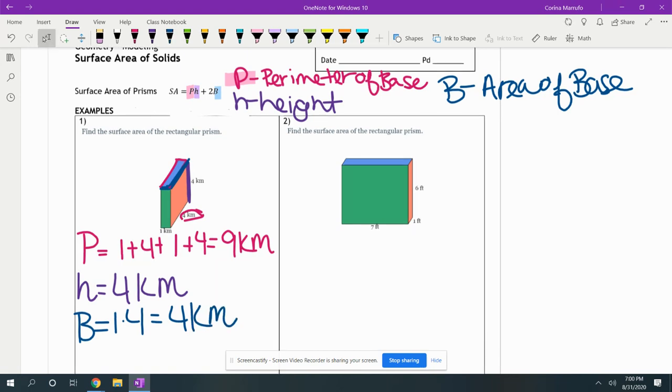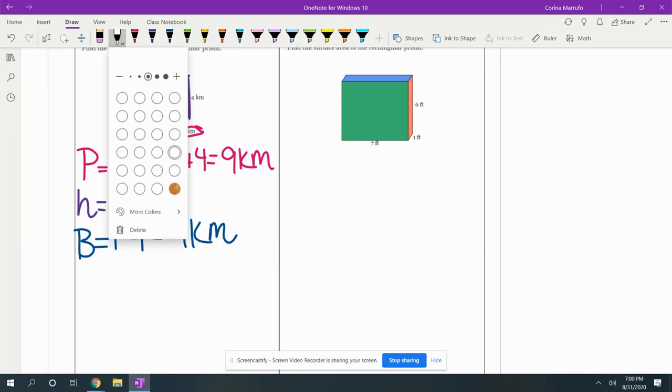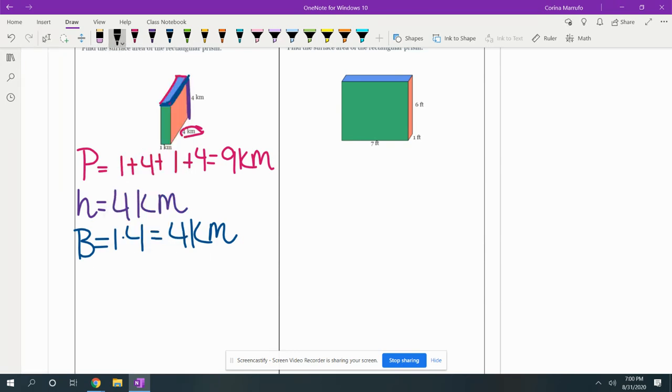Okay, so now that we have P, H, and B, we're going to go ahead and use our surface area formula. So surface area equals P, H, plus 2B, and we're just going to plug in.